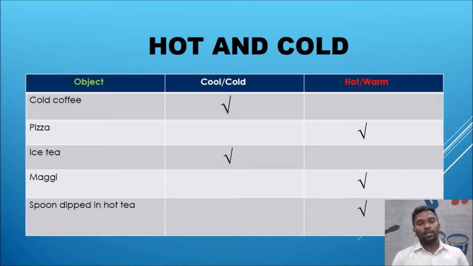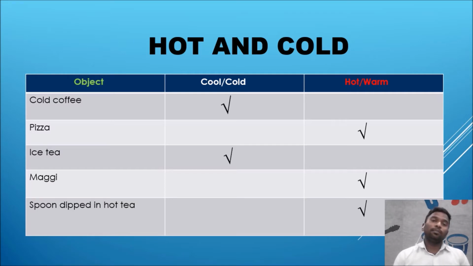And the next one is a spoon dipped in hot tea. When the spoon is placed in a room, where the temperature of the room is 27 degrees Celsius, we don't feel any change when we touch it.